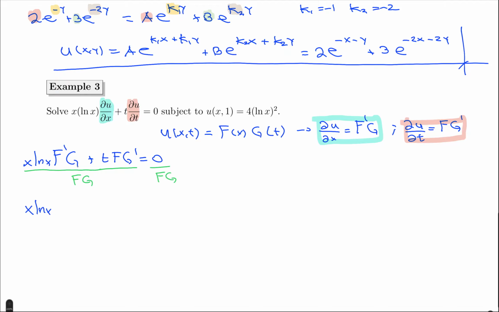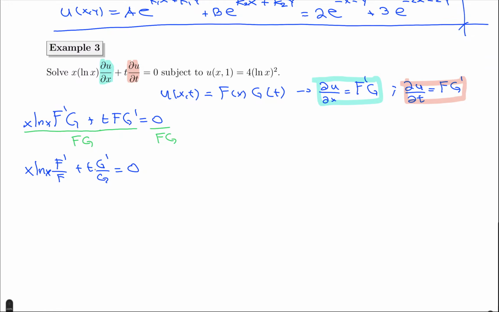The g's are going to cancel here, leaving us with f prime over f. And here, the f's cancel, leaving us with plus t g prime over g equals 0 over fg, which equals 0. And we're almost there with separation of the variables.